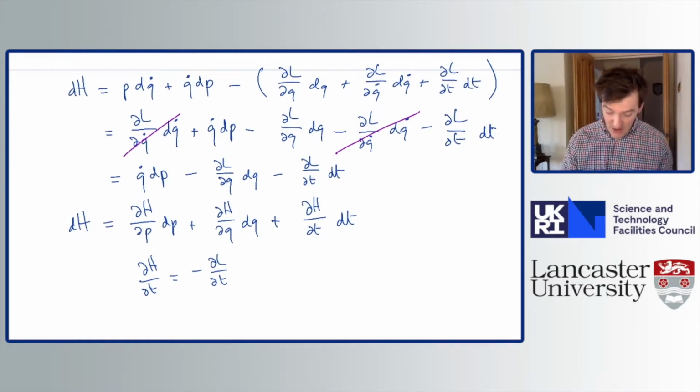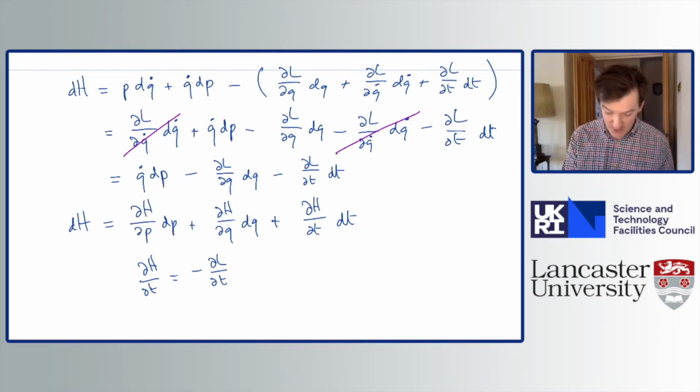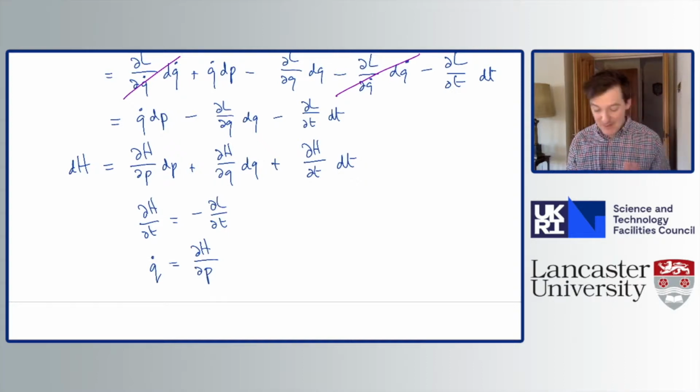We can read off an equation for q dot. We can find how q dot is related by setting these two terms equal to each other, since they are both simply the dp parts. So we must have that q dot is dH/dp.